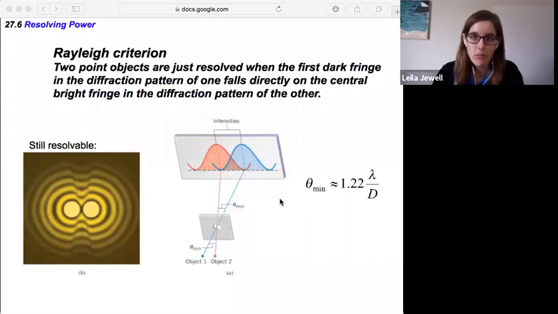It's a slight approximation to just call it the angle theta, but it's a reasonable one. So we can just say that angle is given by this condition, where it's a larger angle if you have a larger wavelength. So you need a larger angle to resolve it if you have a smaller opening. You won't be able to resolve things quite as well.